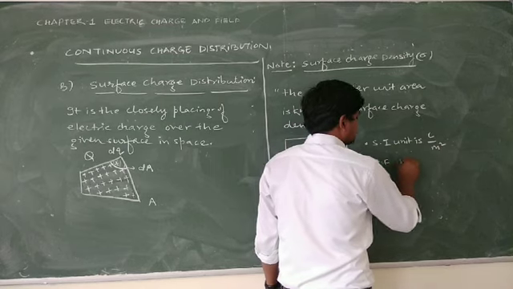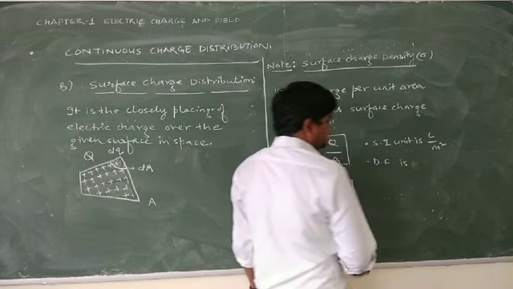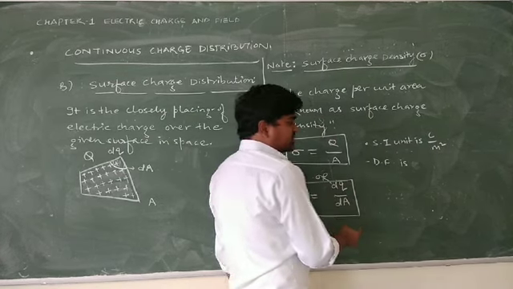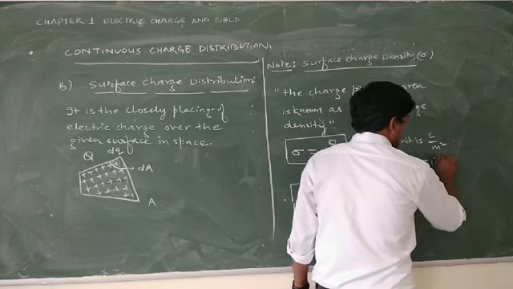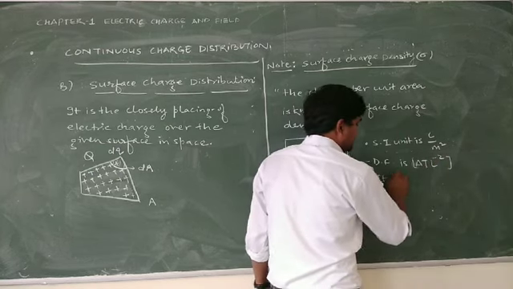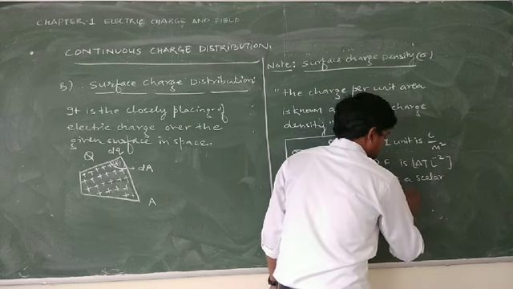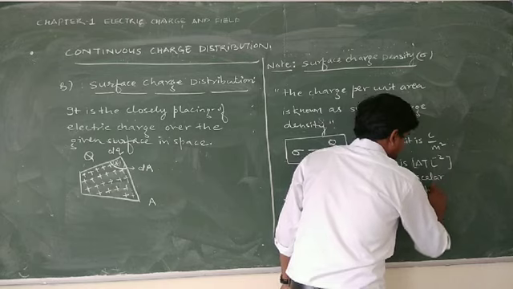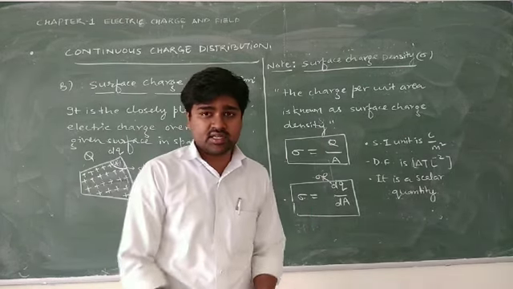Dimension formula is, that is the dimension formula of charge is AT, and here L to the power minus 2, and again it is a scalar quantity. So this is about the surface charge density.